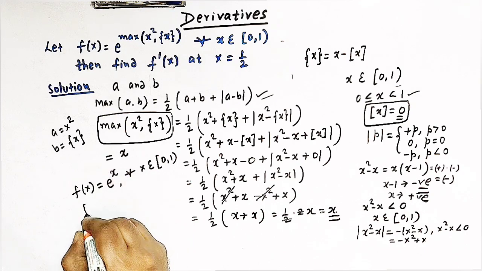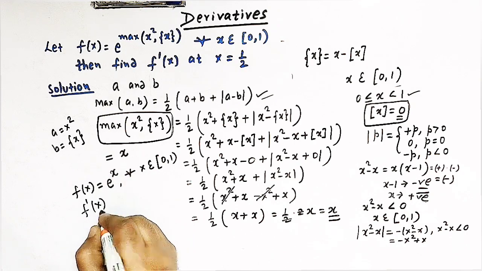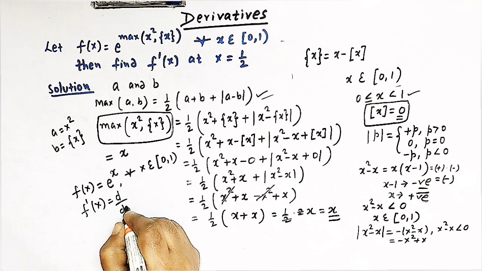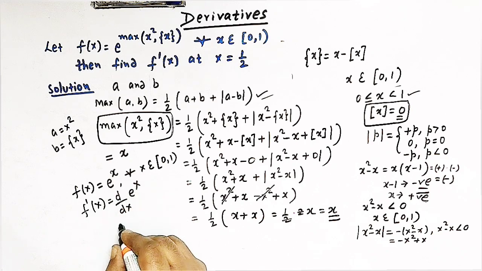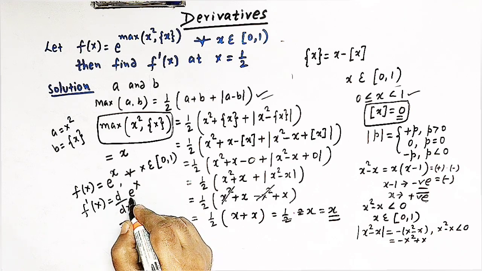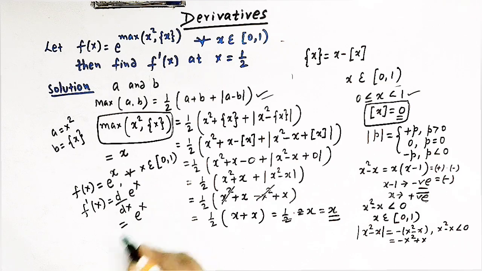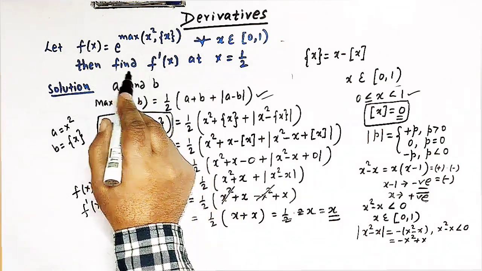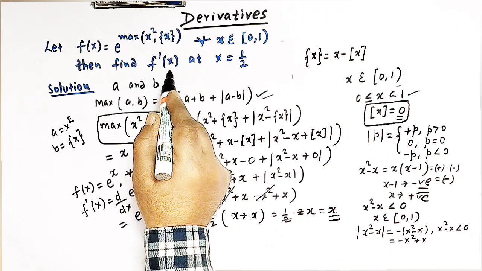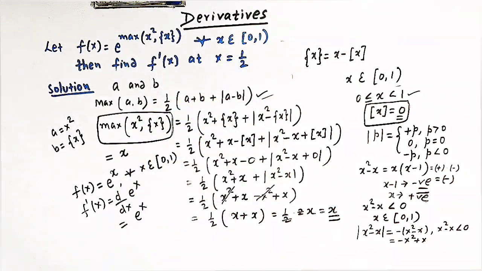So if we differentiate it, then f prime of x is d by dx of e raised to x, and the derivative of e raised to x is e raised to x, and we have to find f prime of x at x is equal to half.